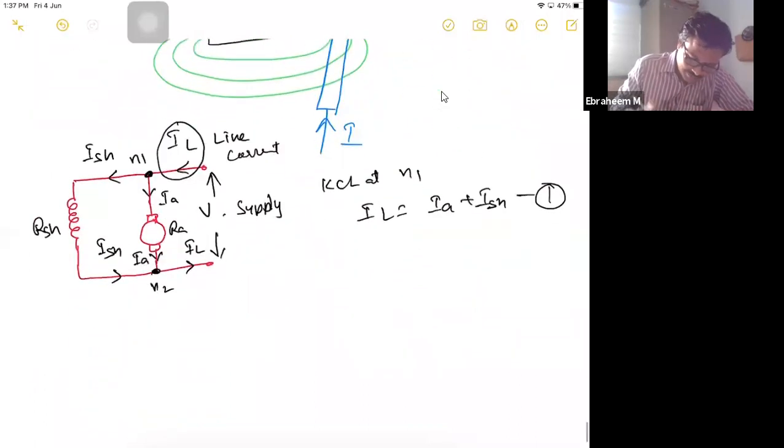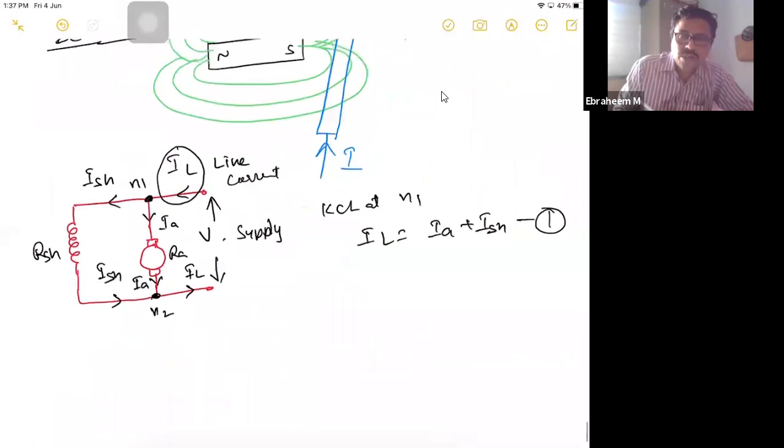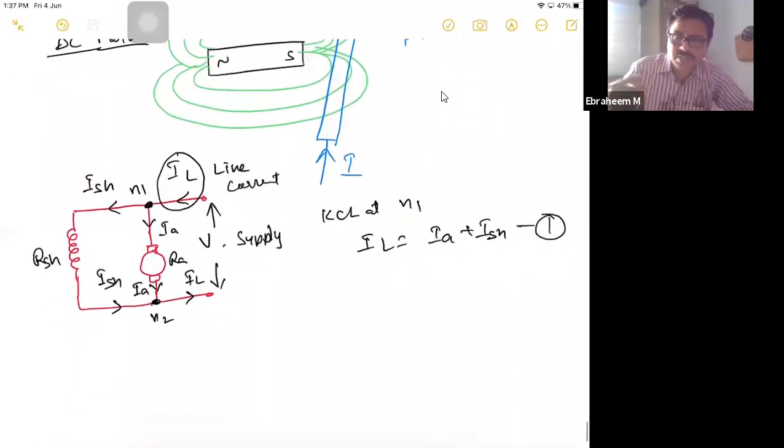So that induced EMF here is called the generated EMF, just like the generated EMF only. That is also given by ΦZNP by 60A only, because it is a dynamically induced EMF. It is an EMF induced in the conductor which is moving in the magnetic flux, right? So that EMF is also present here, that we denote with EB, called back EMF.